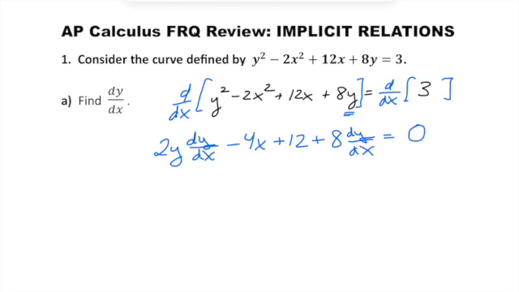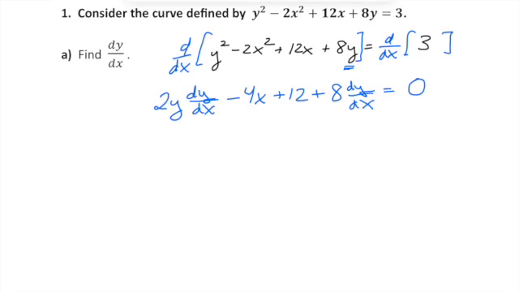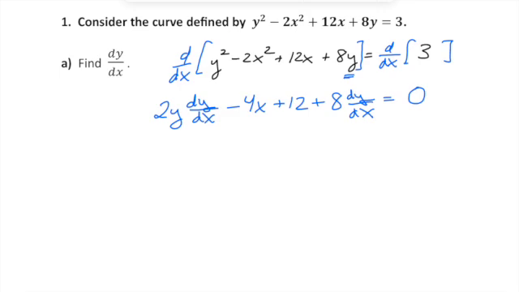Now when they say find dy dx, they mean solve for dy dx, isolate it. So we're going to do a little algebra to get dy dx alone. We're going to have what I call a dy dx party. We group everything that has dy dx on one side of the equation. These two terms that have dy dx, keep them on the left.